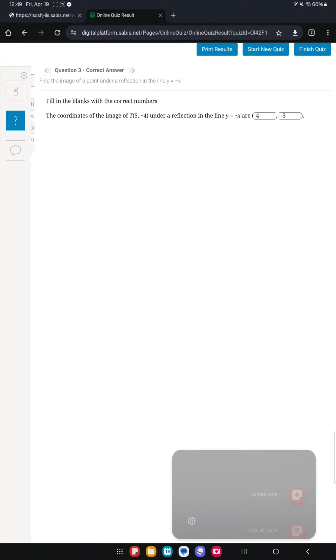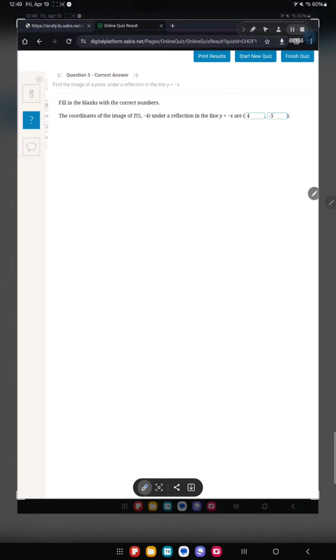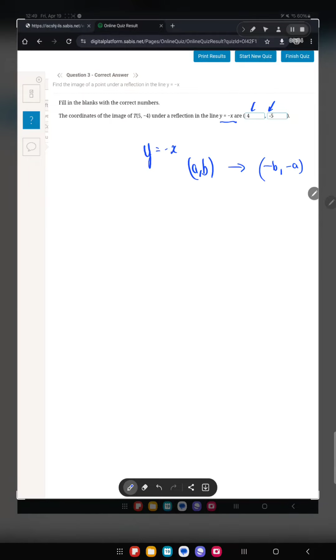Question 3. The coordinates of the image T(5, minus 4) under reflection in the line y equals minus x is (4, minus 5). Whenever you have y equals minus x and you want to reflect, (a, b) goes to (minus b, minus a). So for (5, minus 4), you have to swap them and change the sign.